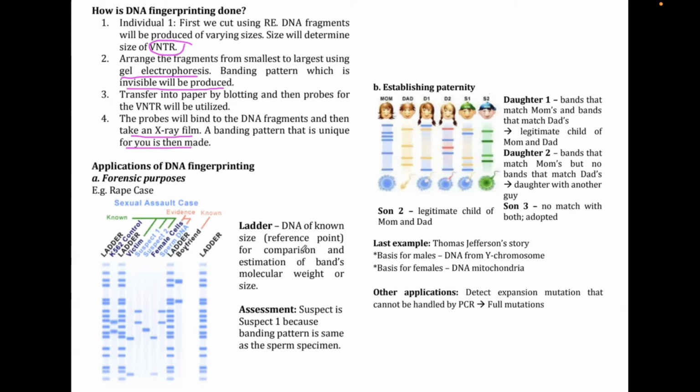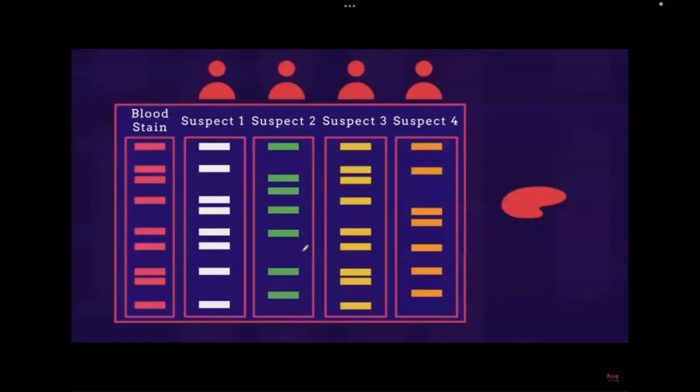So paano siya naging applicable sa establishing of a paternity test or application for the forensic purposes? For example, ito siya. Okay? So, balikan na lang natin yung slide kanina. For example, ito yung blood stain na nakita sa isang crime scene. So, sino ba doon? Si suspect 1, 2, 3, and 4, yung merong matching band patterns doon sa blood stain na nakita natin sa crime scene. So, pakisagutan.